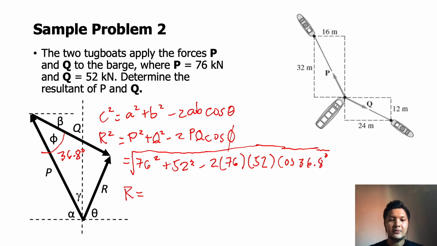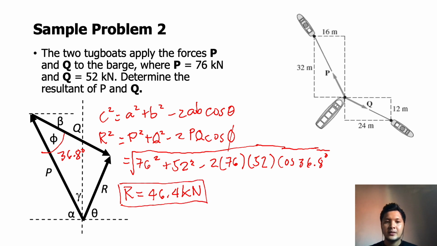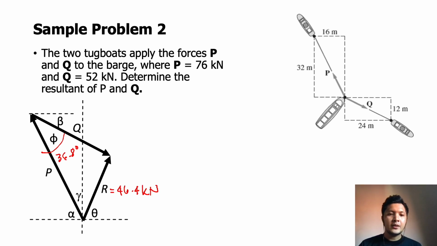Therefore, r has the value of 46.4 kilonewtons. So this is the magnitude of the resultant vector r, obtained using the cosine law.